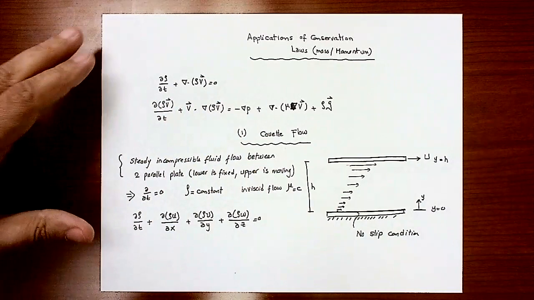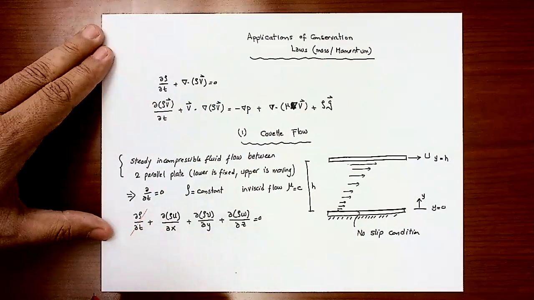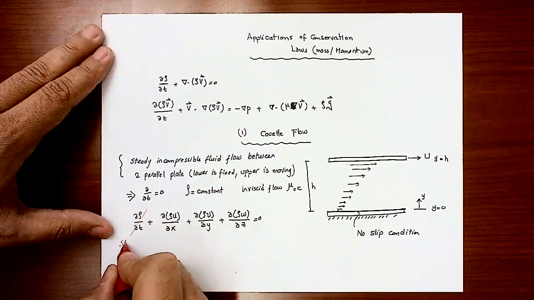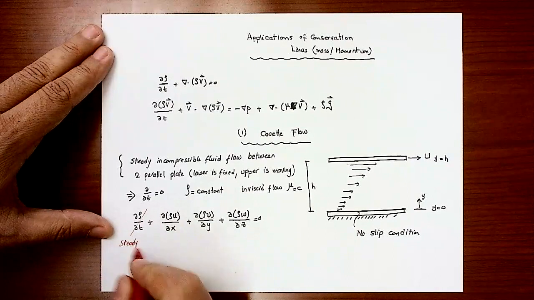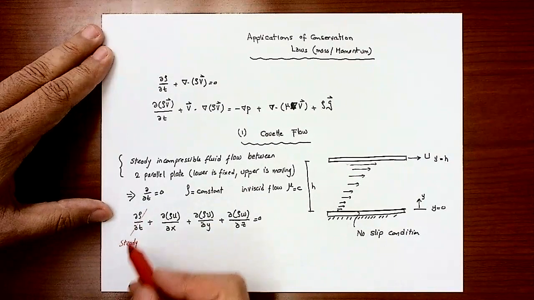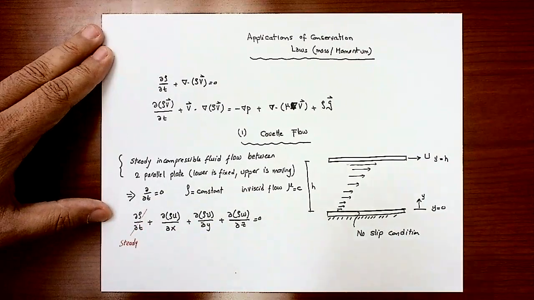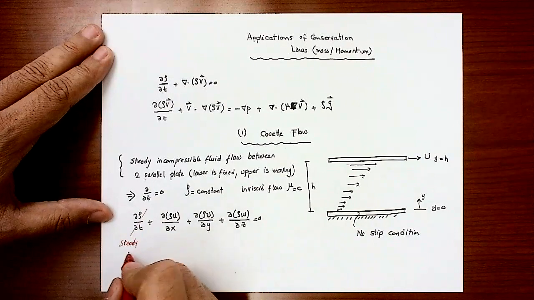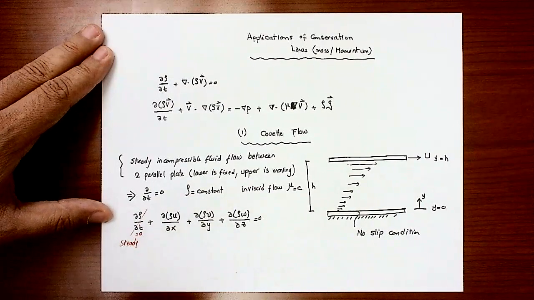So this term will cancel out for multiple reasons. Either it's steady, so the derivative relative to time is 0, or it's incompressible, so rho is going to be constant, and a derivative of a constant is equal 0. So that's the first term to be canceled out.